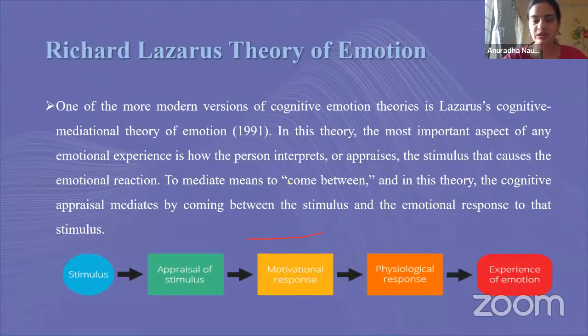What this says is there will be mediation between the appraisal and the experience of emotion based on our interpretation, which was the criticism of the previous theory. When I'm looking at a dog who's growling, the physiological response will only occur based on how I'm perceiving the situation. I'm not scared of the dog, so why will my heart rate increase, or why will I get a dry mouth, right?